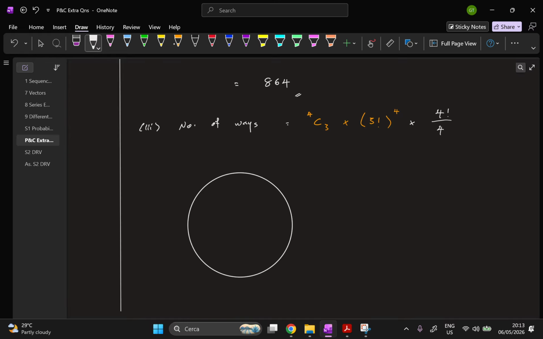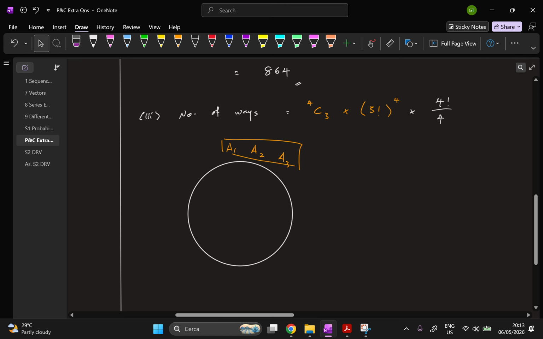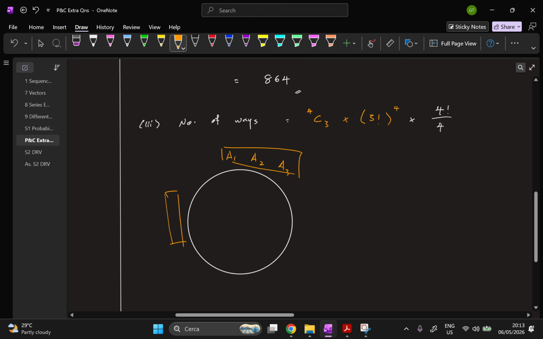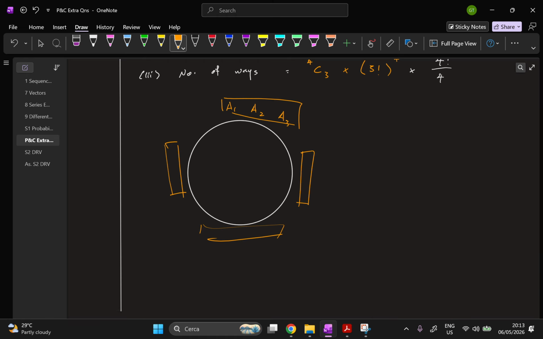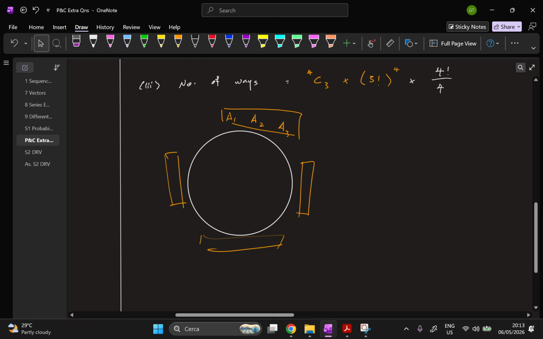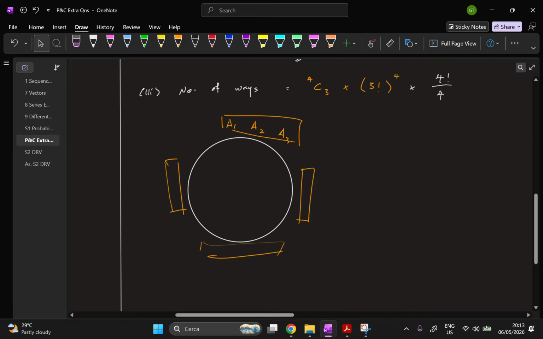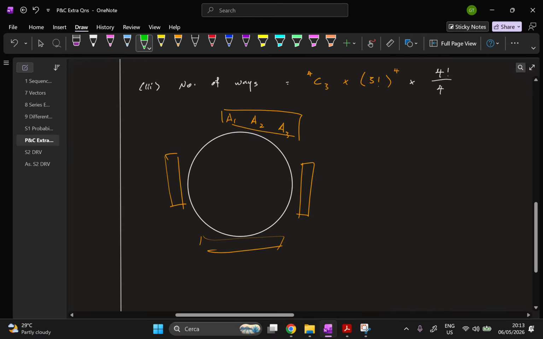So my 4 teachers, let's say A1, A2, A3 are teachers from house A, right? And then I have another group of teachers here, another group here, another group here. So that's all my ones in orange. Now, how many more places do I have to slot the captains? 1, 2, 3, 4. 4 only.